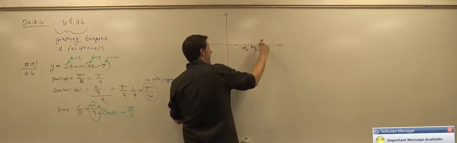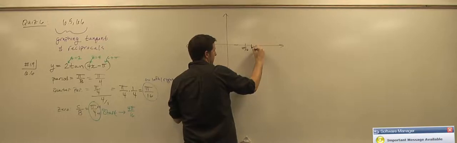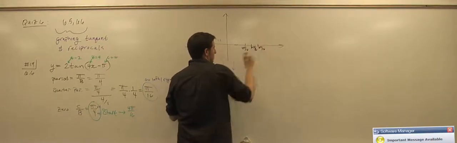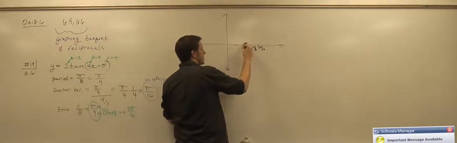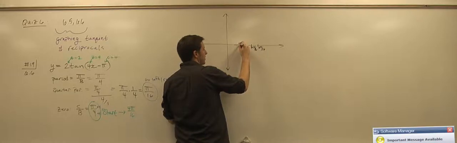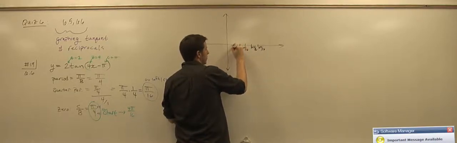If I go pi over 16 to the right again, I'll be at 6 pi over 16. Since I'm here, let me label my x values to the left: 3 pi over 16, and then 2 pi over 16.